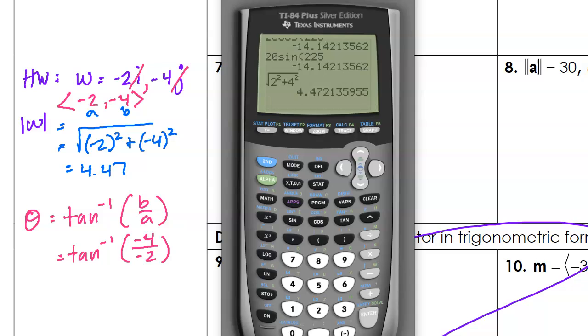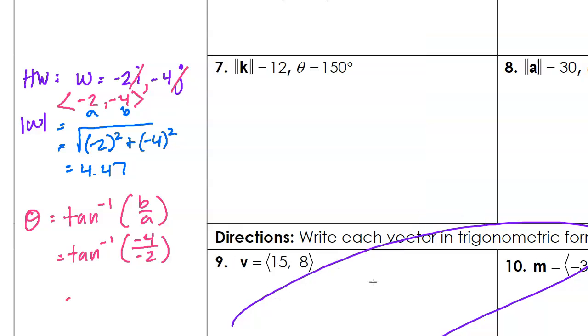So in my calculator, I'm going to put inverse tan. Now, if this was my own homework, would I type these negatives in? No. What is a negative divided by a negative? It turns into a positive. And what is 4 over 2? It's 2, but I'll write it. So 63.43. And we're done.